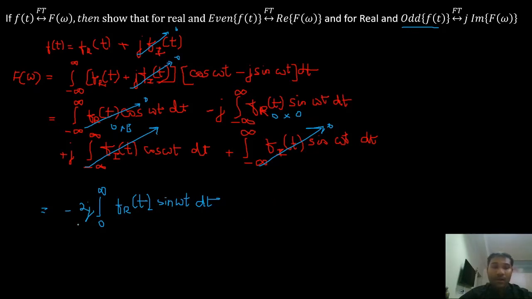That is nothing but the imaginary part of F of omega, right? Imaginary part of F of omega. So this is the next Fourier transform.